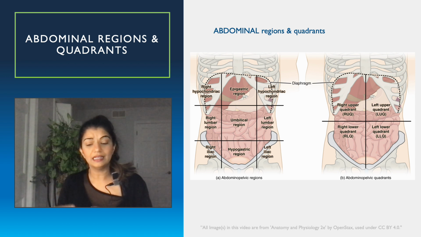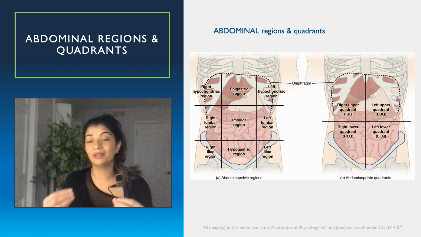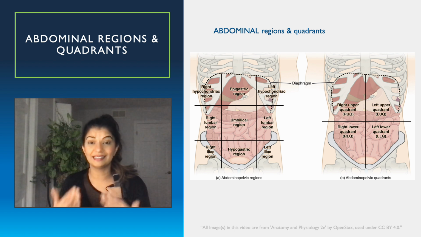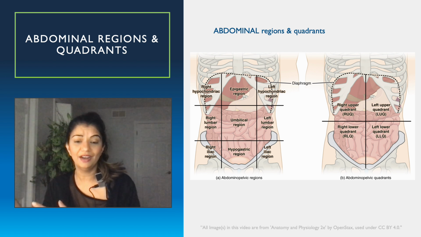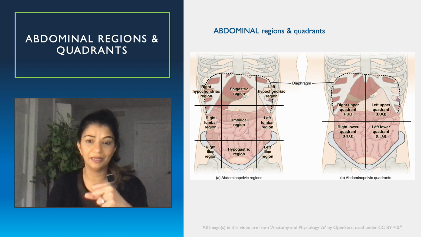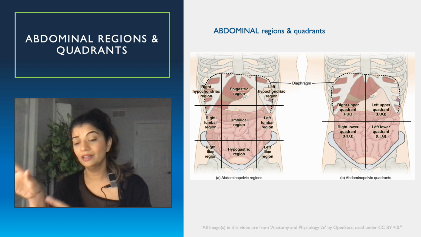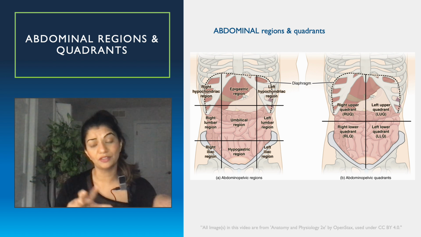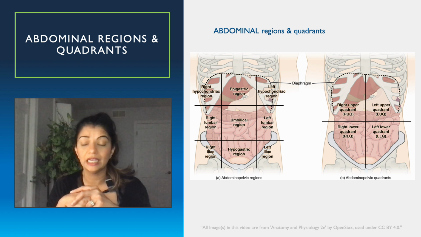So we need specific language for specific areas in the abdomen so that we can have clarity and concise communication. And that's where the regional areas come in and the quadrants come in. I don't know why, but some parts of the world, they use quadrants. Some parts of the world, they use regions of the abdominopelvic cavity.